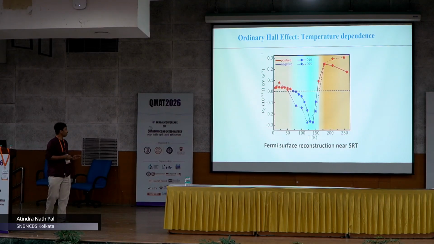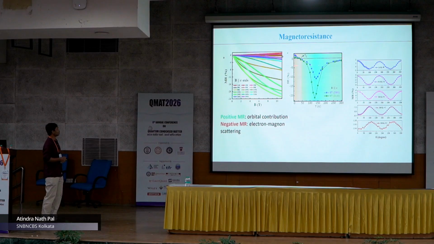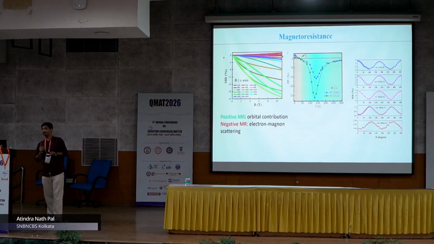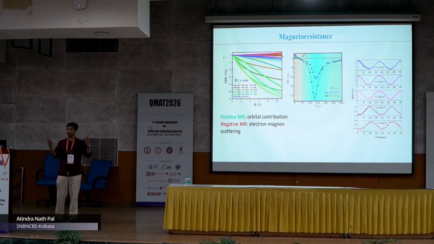Now I will go to the magnetoresistance data. In a ferromagnetic system, if you apply a magnetic field, you can reduce the spin flip scattering. So magnetoresistance you typically expect to be negative.